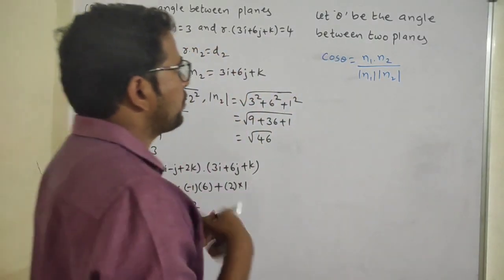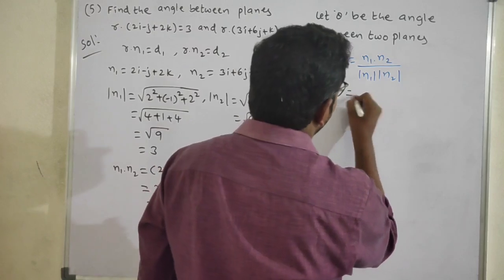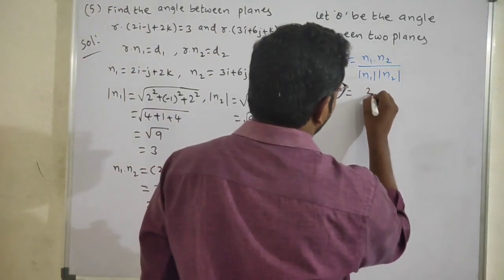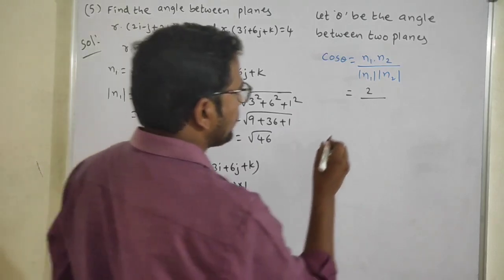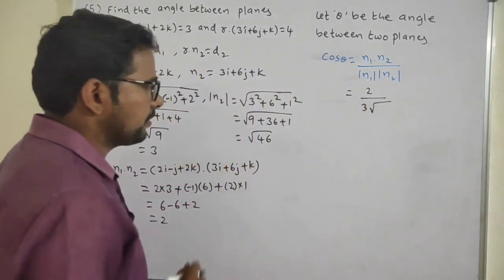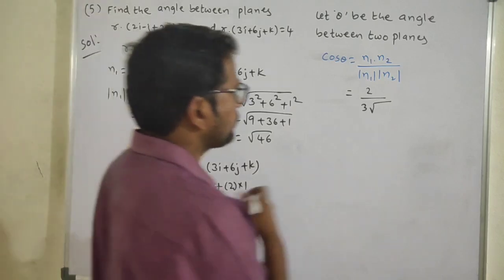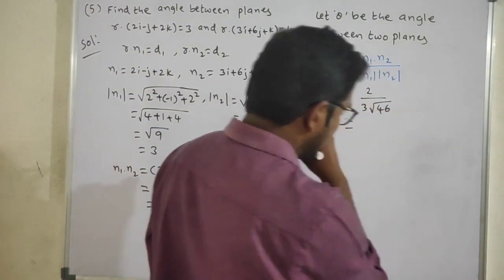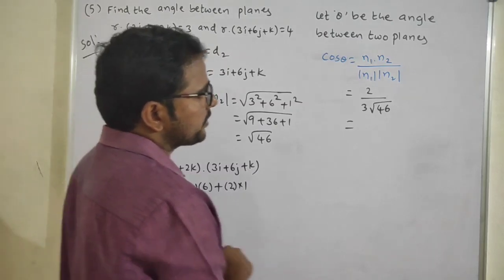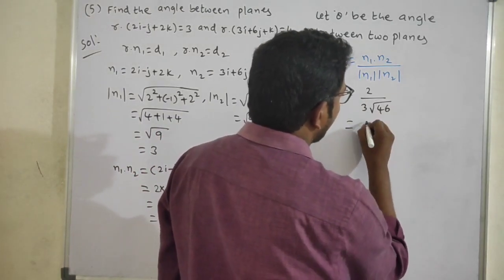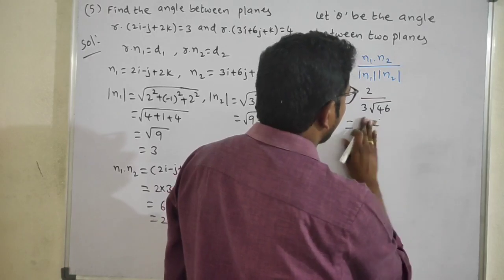Now substitute values. Cos theta is equal to, what is the n1 dot n2 value? 2. 2 by modulus n1 value 3, and modulus n2 value under root of 46. We can write 2 as root 2 into root 2, no problem.